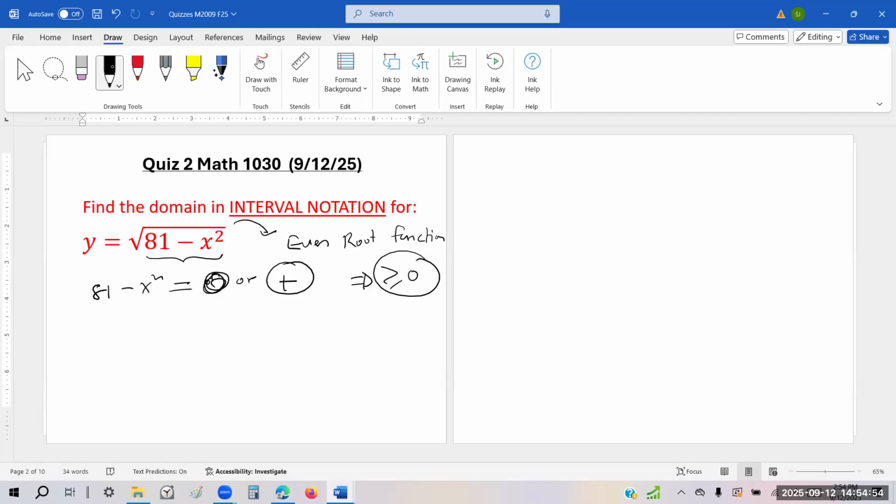Before that, let's factor this. What two factors do we get from 81 minus x squared? Your order is wrong. Do you have x in the front or the number in the front? You have 81 minus x squared.